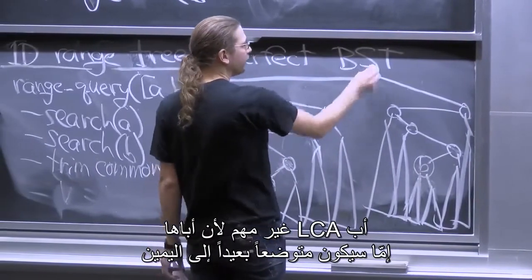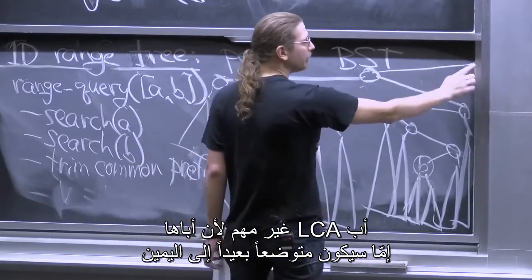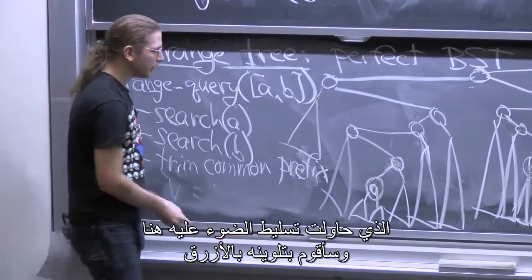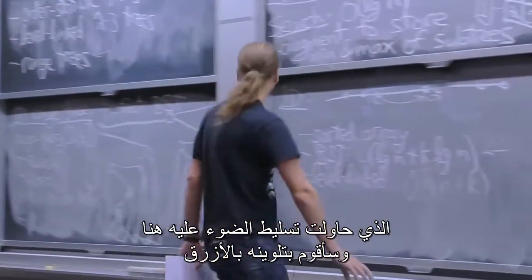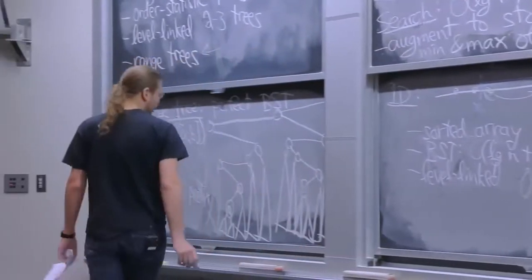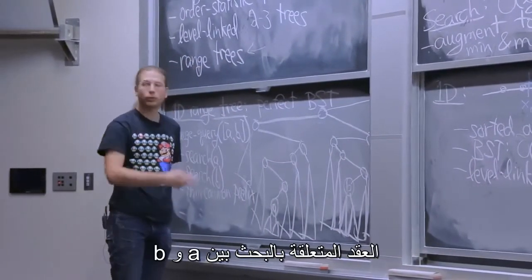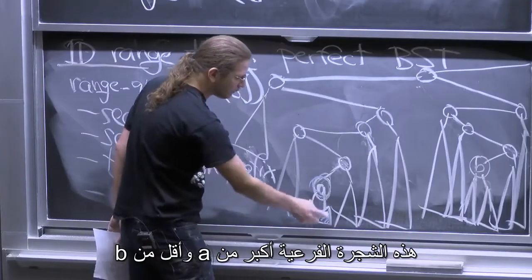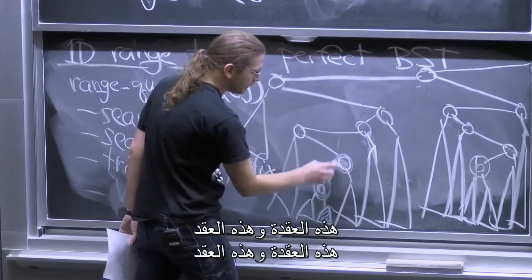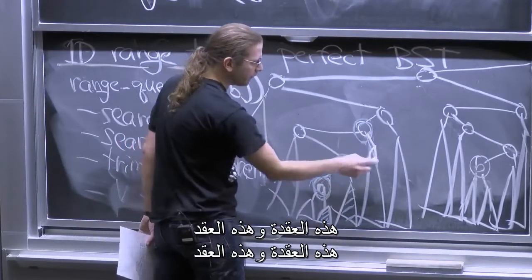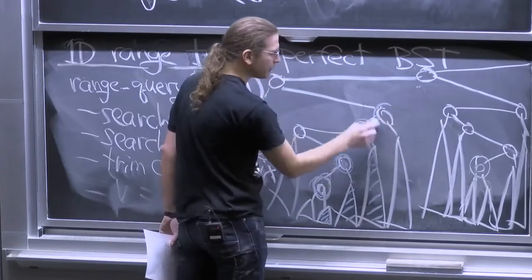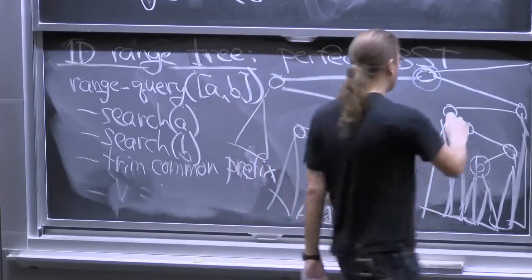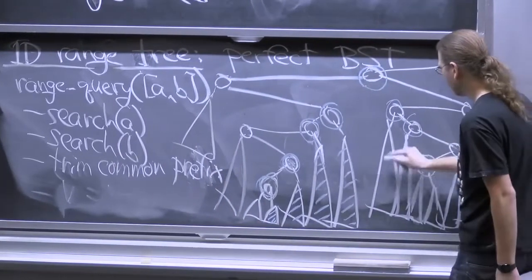Okay, the parents of the LCA don't matter, because this parent is either going to be way over to the right or way over to the left. In both cases, it's outside the interval A to B. So what I've tried to highlight here, and I will color it in blue, is the relevant nodes for the search between A and B. So A is between A and B. This subtree is greater than A and less than B. This node and these nodes, this node and these nodes, this node and these nodes, the common ancestor, and then the corresponding thing over here.